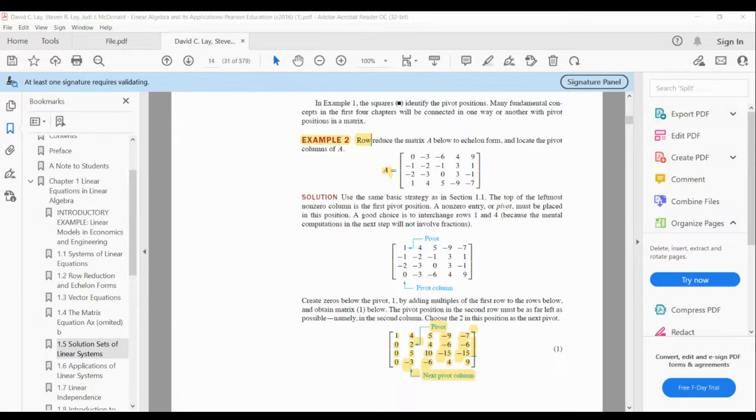How did they get that? Well, in the matrix above, they used the 1 as a pivot. If you add the first row to the second row and replace the second row with the sum, the second row would be 0, 2, 4, -6, and -6.